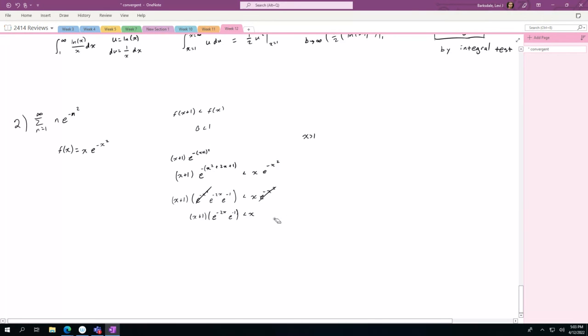Never mind. I'm not going to work with that. So now I have x e to the negative 2x, e to the negative first, plus e to the negative 2x, e to the negative first is smaller than x. Now if I divide all the sides by an x, I have a 1 here, I have divided by x here, and then this x cancels, right?